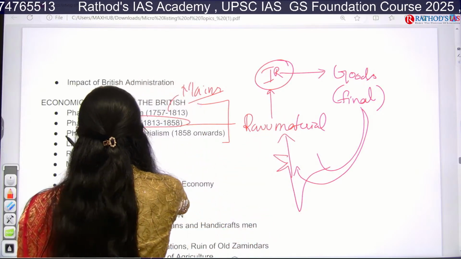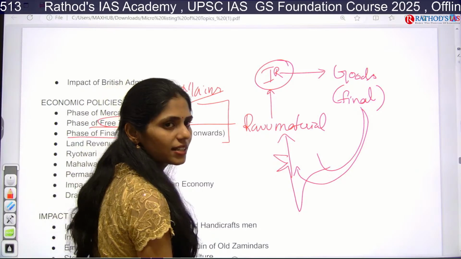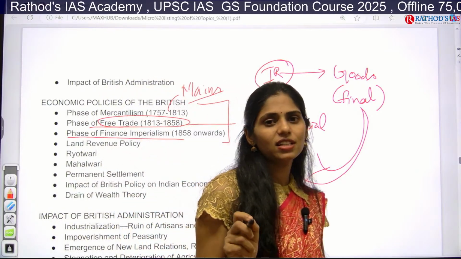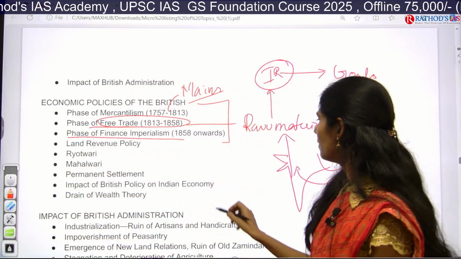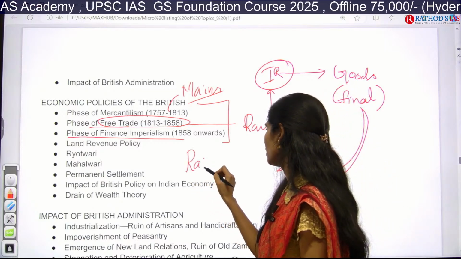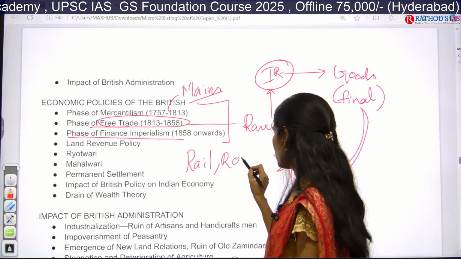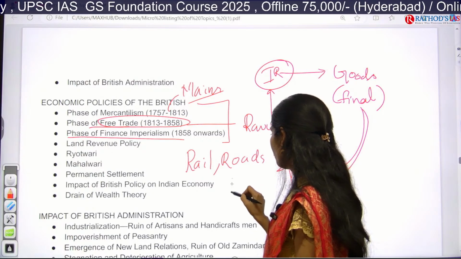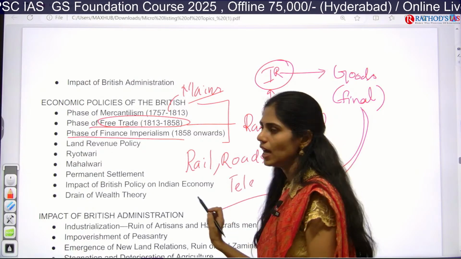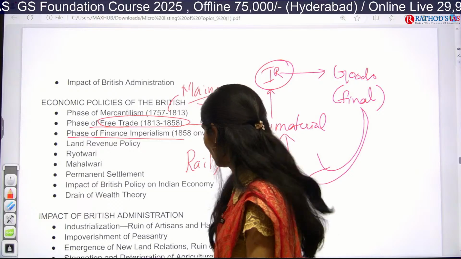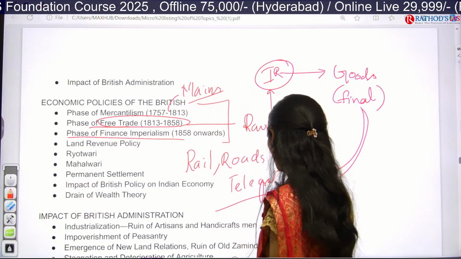And the third one is the phase of finance imperialism. In this third phase, they started developing railways, roads, and telegraph in our country.